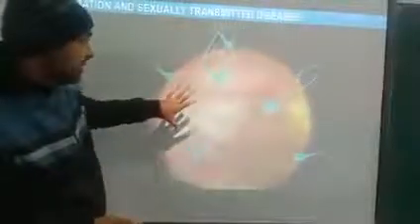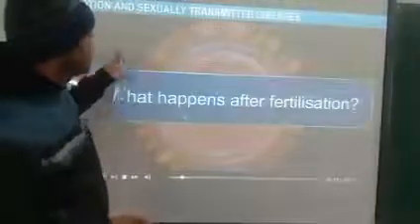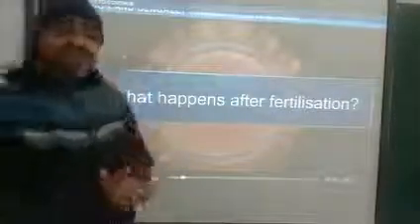See, this is how they are going to surround. They stick to the wall of the egg. After that, the head region of the sperm is covered with the acrosome. This acrosome produces certain enzymes that have the capacity to dissolve the wall of the sperm as well as the wall of the ovum.